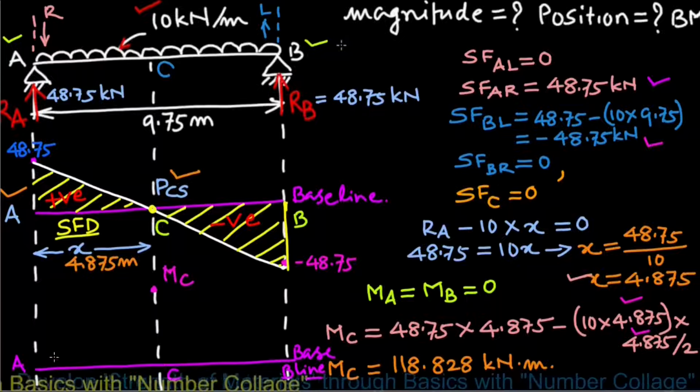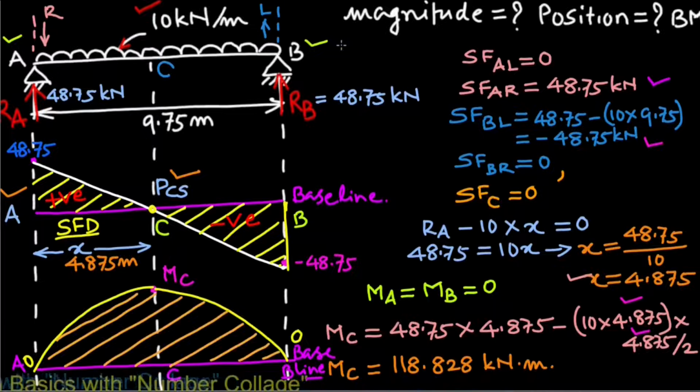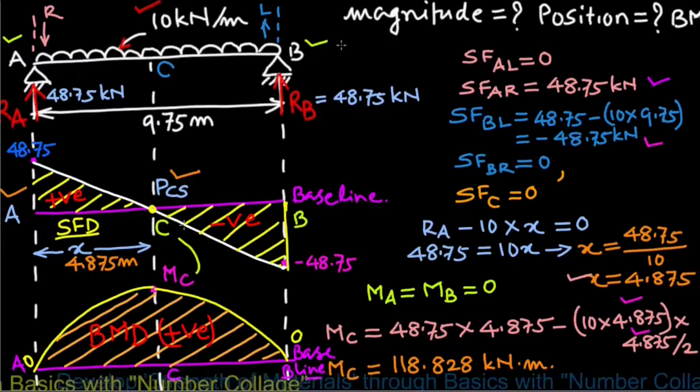So we draw the bending moment diagram from zero bending moment at A, parabolic to maximum bending moment MC at point C, then from MC to zero bending moment at point B. So this is the BMD of this loading, which is positive. At the point of maximum bending moment, the shear force is 0.